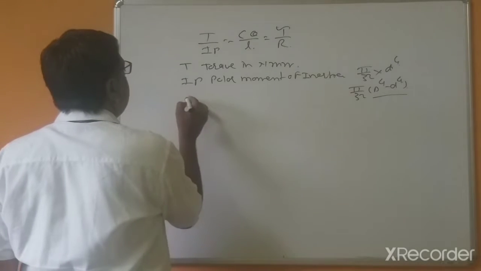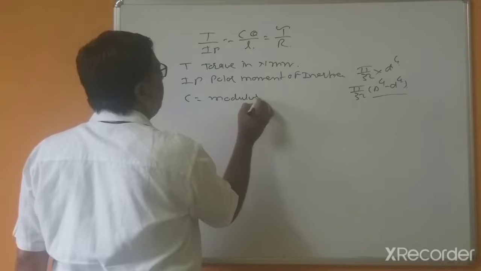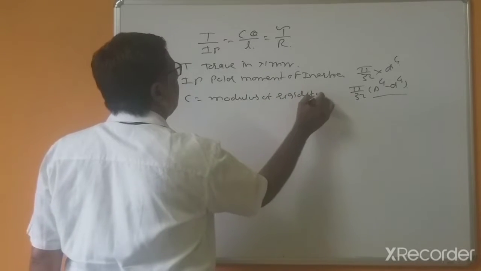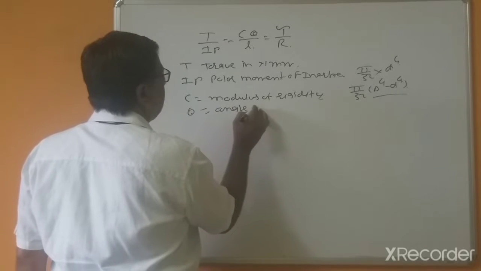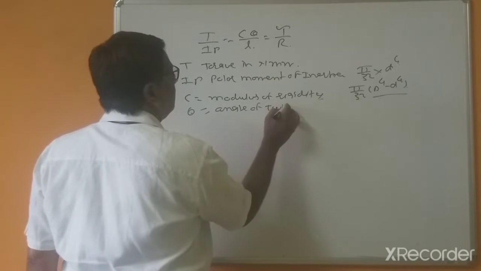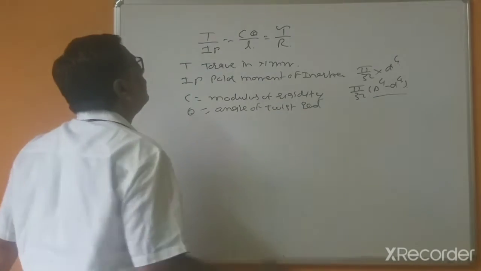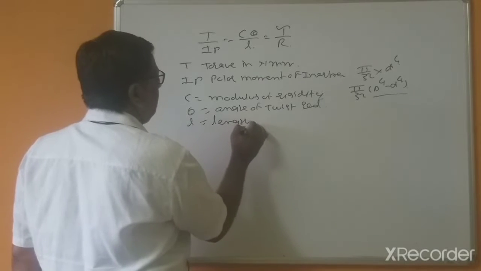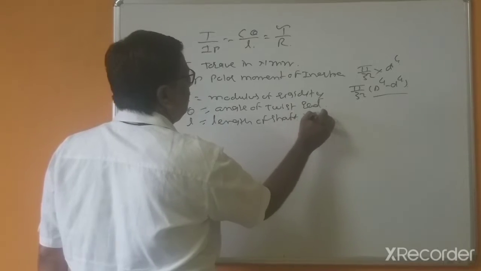C is the modulus of rigidity, theta is the angle of twist in radian, L is the length of shaft, also in mm.